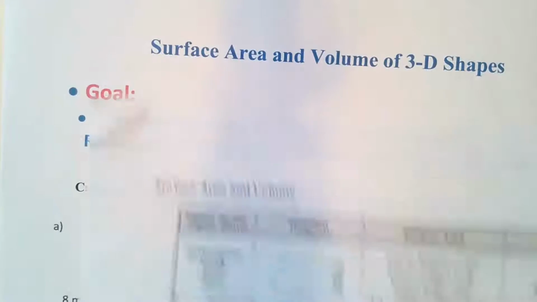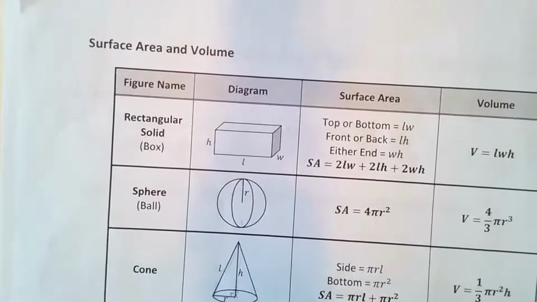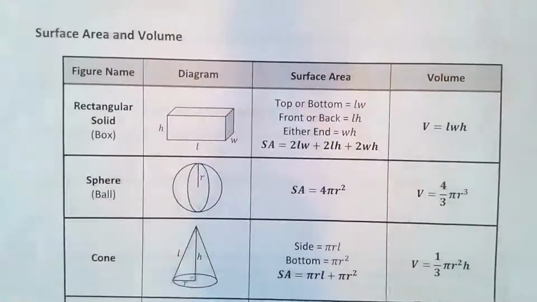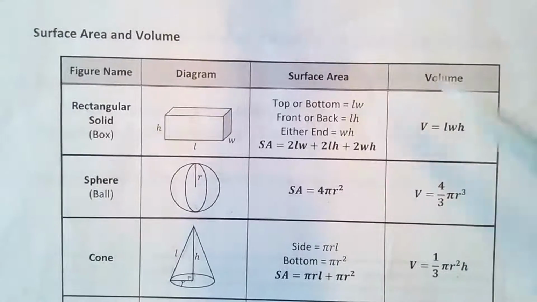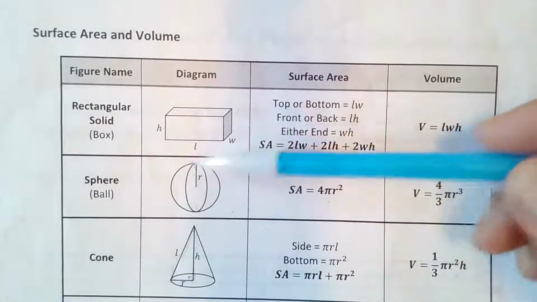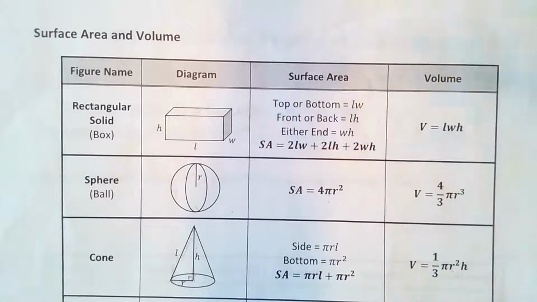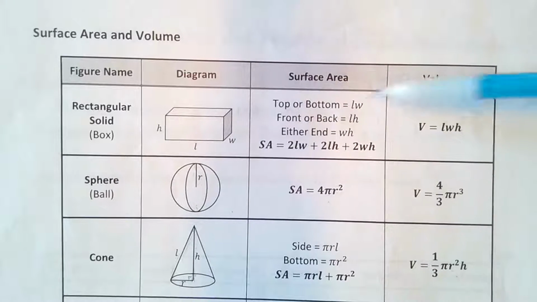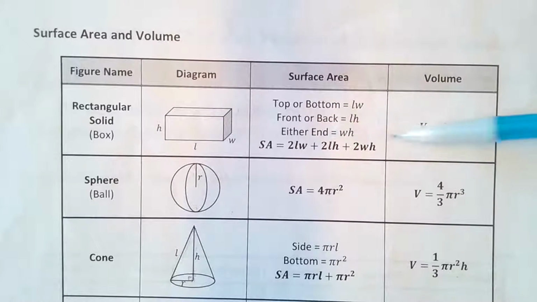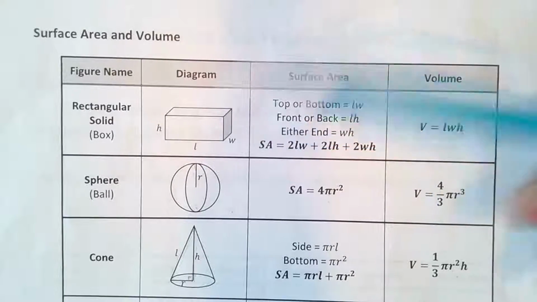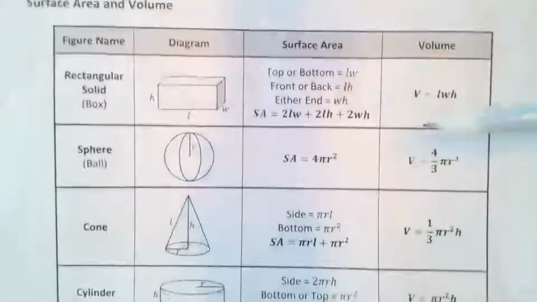And on the flip side of your formula sheet, you'll have the figure, the name of the figure in the diagram, and the surface area and volume. So we will be applying these two formulas for each solid or object.